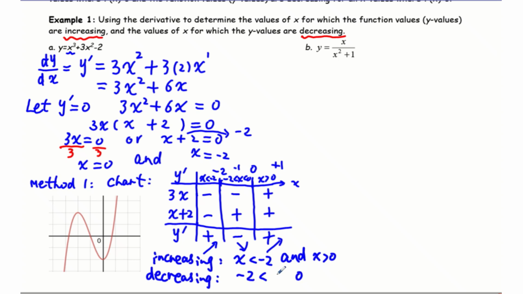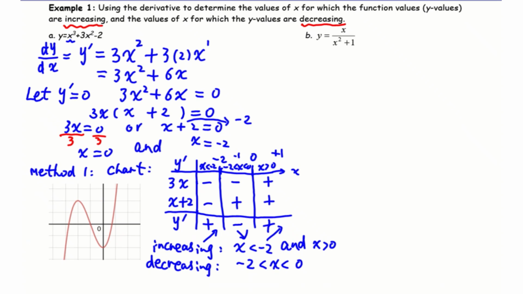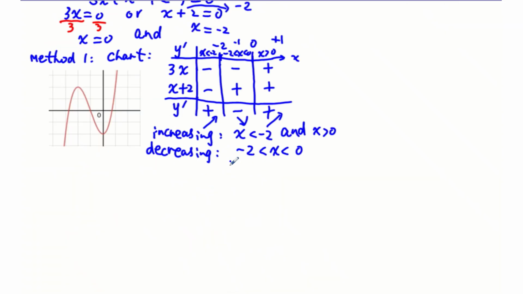So how do we write the interval? We want to write it this way: minimum, less than x, less than maximum. So this is how to find the intervals by drawing the chart.